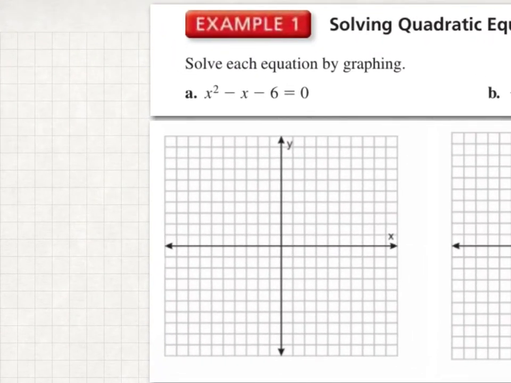How would we find our x-intercepts here? Anybody? What do we do to find our x-intercepts? Combine. We can't combine anything. All of our terms are different, so we can't combine any terms.